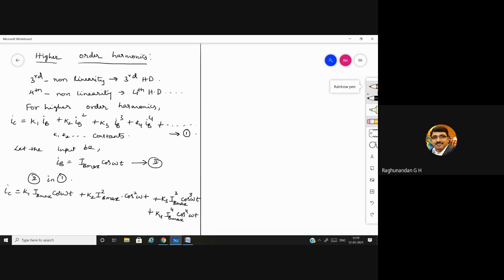Let us limit ourselves to the power of 4. If you keep on writing, you can write for any number of powers. So we'll limit it to this extent. Take this as equation 3.